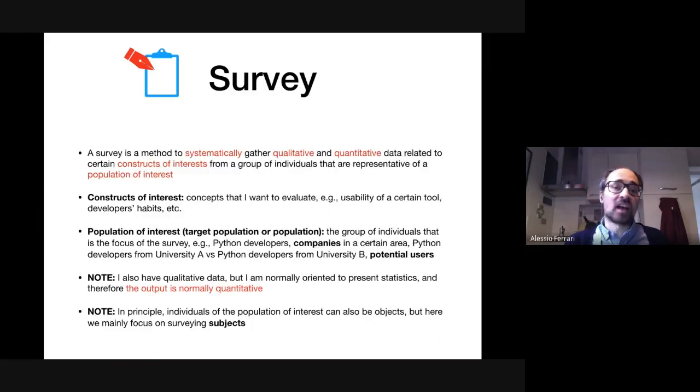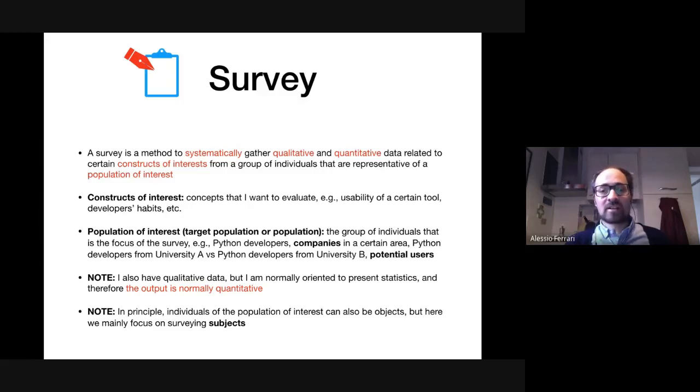So, what are surveys? As usual, we start with reading some definitions from the slide and then going ahead with examples. A survey is a method to systematically gather qualitative and quantitative data related to certain constructs of interest from a group of individuals that are representative of a population of interest.